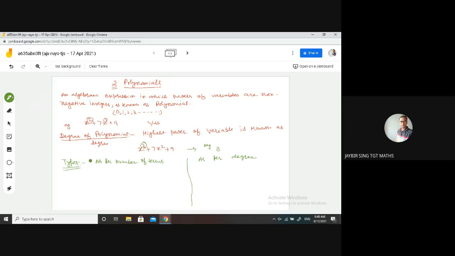See, if we have one term, you know this very well, this is called monomial. If we have two terms, it is called binomial. If we have three terms, this is called trinomial.